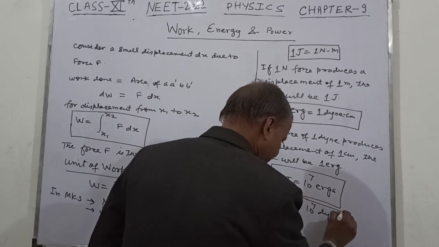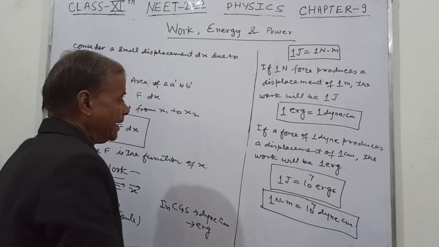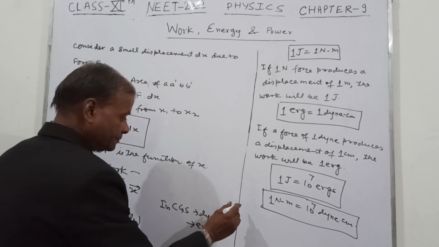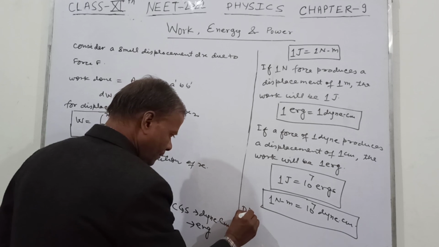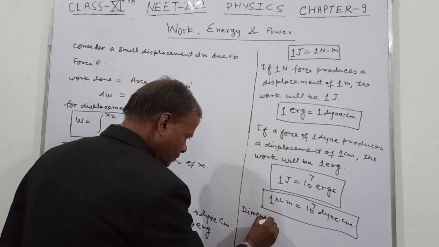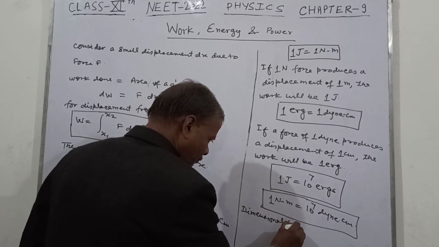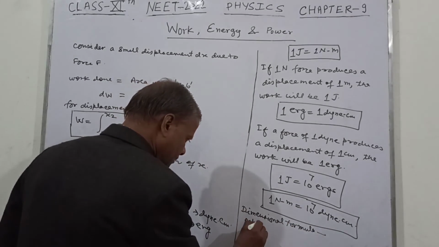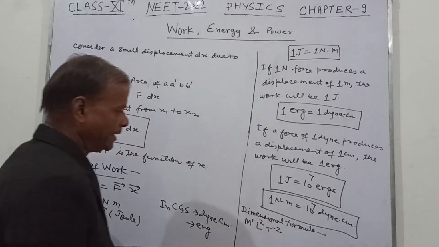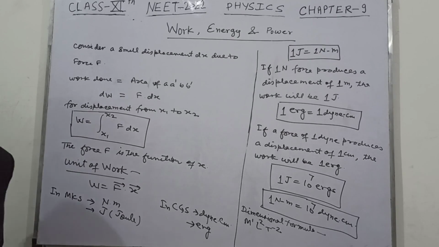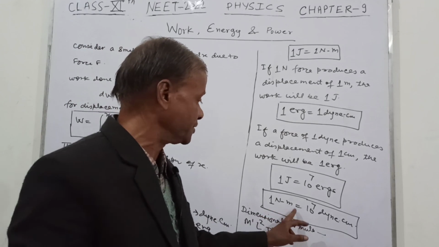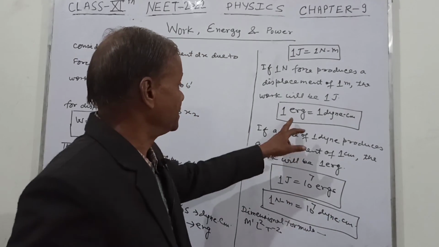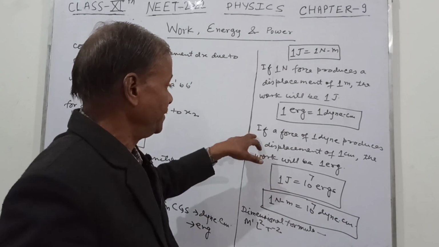And if you want to find the dimensional formula, it will be M1 L2 T minus 2. So this is the dimensional formula of work done, and this is the relationship between the joule and the erg, Newton meter and dyne centimeter. And this is the definition of 1 joule, and this is the definition of 1 erg.